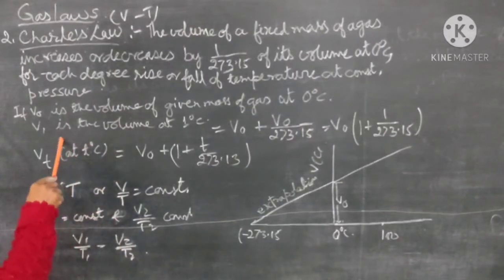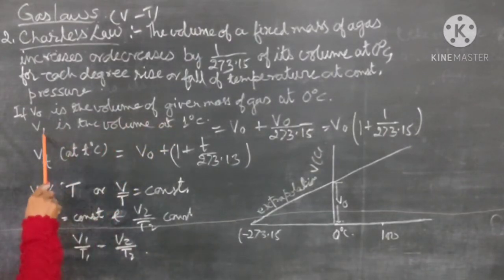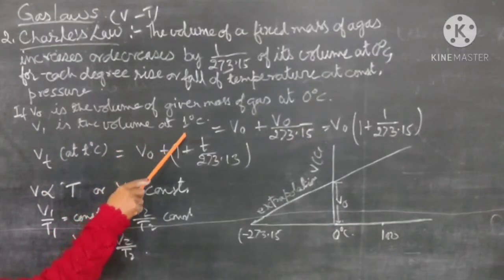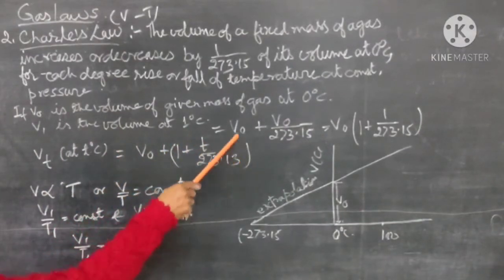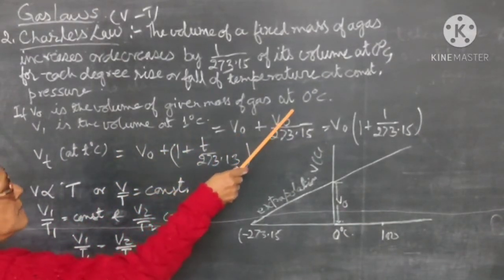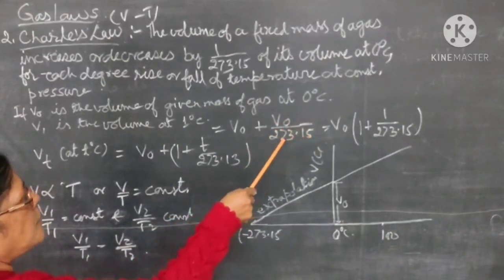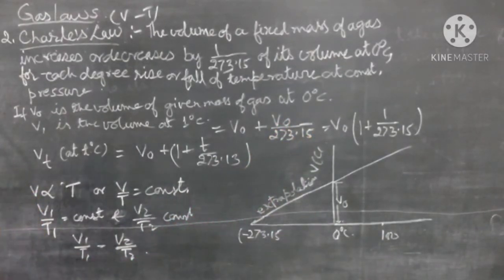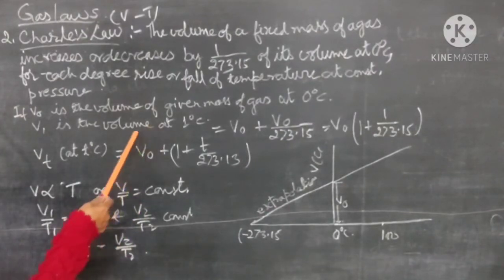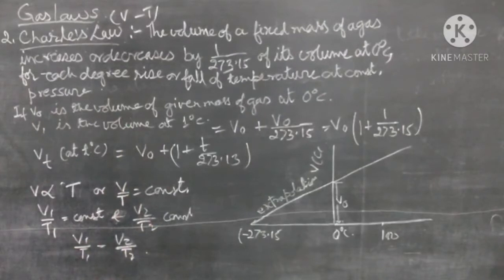In a similar way, V2, the volume at 2 degrees Celsius, will be equal to V0 plus 2 V0 upon 273.15. So in this way, there is a rise or fall in temperature accordingly. Per degree rise of temperature, there is an increase in the volume, and per degree decrease in temperature, there will be a decrease in the volume.